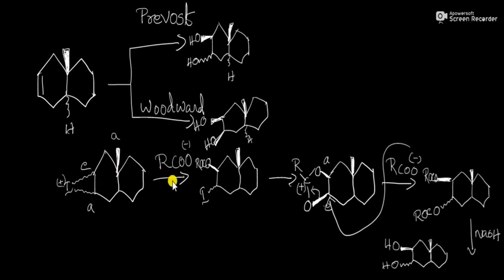In the second step, it will undergo nucleophilic attack of carboxylate anion. Carboxylate anion will attack only through equatorial position, not through axial position. So it will attack through this side and it will be through upper phase since it is a SN2 attack.